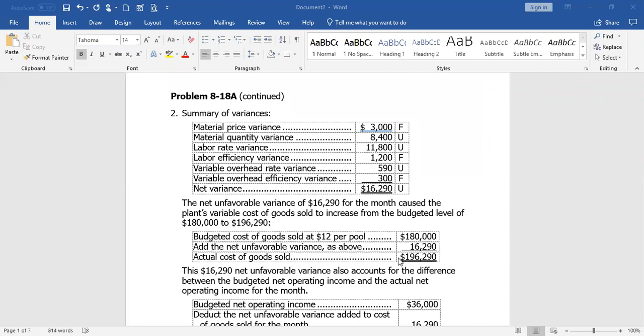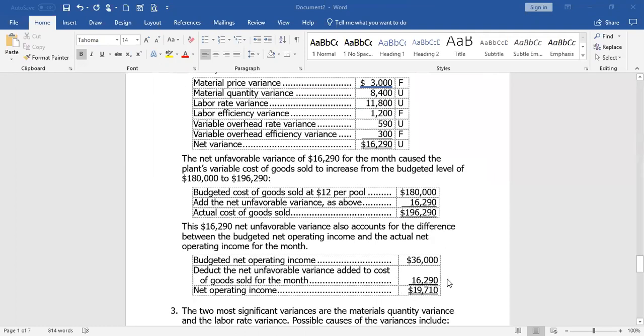That's what we just did the computation for, and that's what they wanted us to do. So this 16,290 net unfavorable variance also accounts for the difference between the budgeted net income and actual net income. And there's the difference.